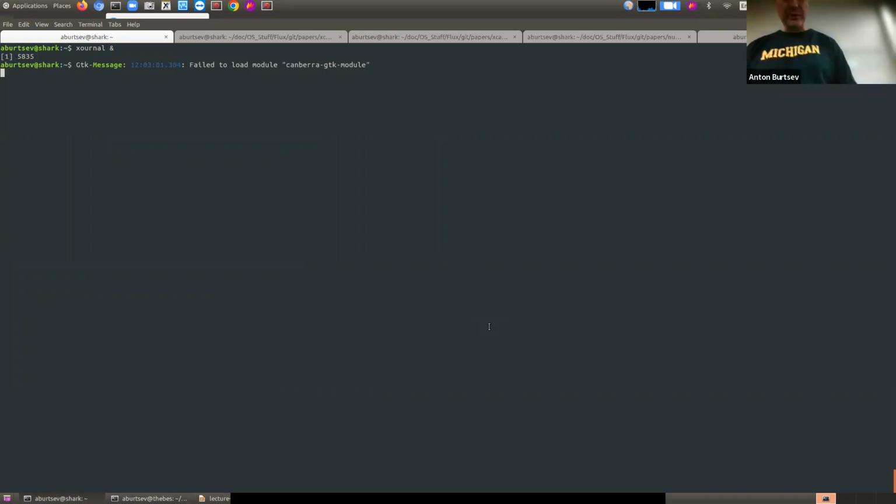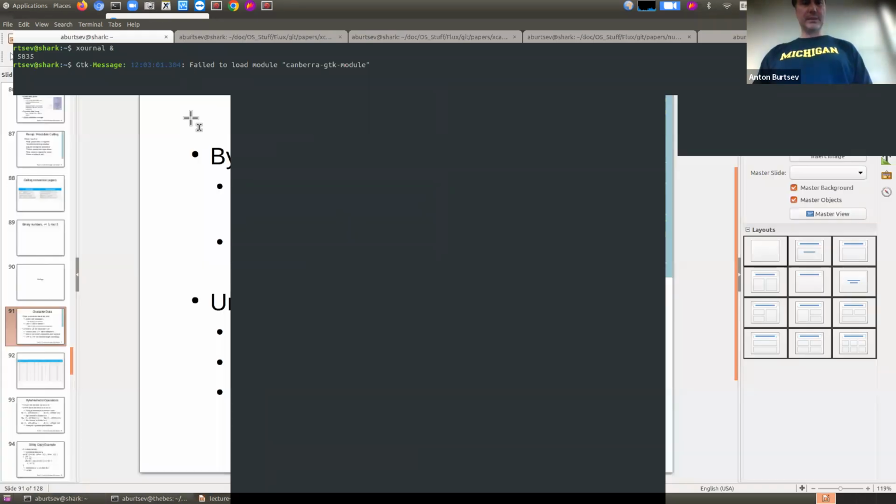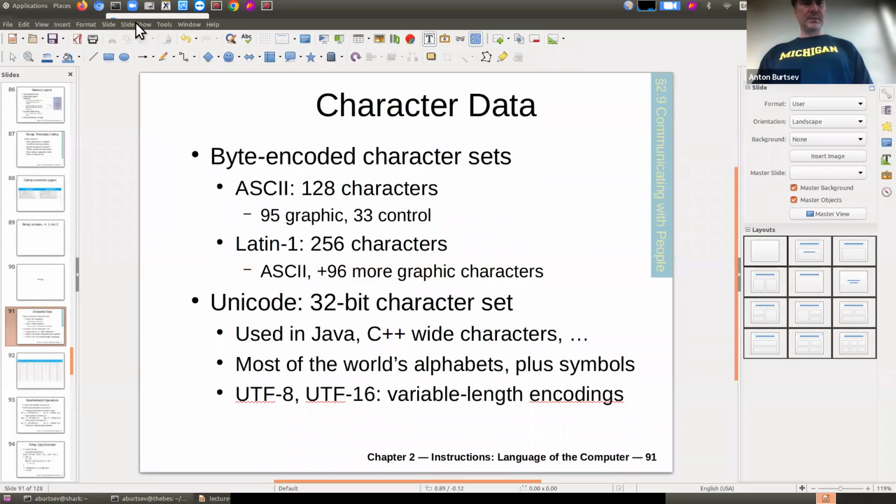So we can get it right. Sorry about it. That doesn't work. Why is that? Slideshow, come on.